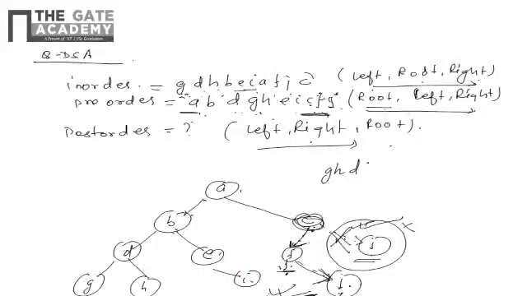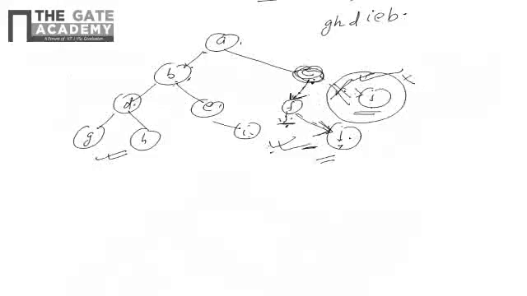So this will be I E B. Because left is not there, right is there, so I, E, and then the root B. Again, left is not there, then right will come, so J. Then after right, root will come, so F. Then no right is there, so C comes, and then A.